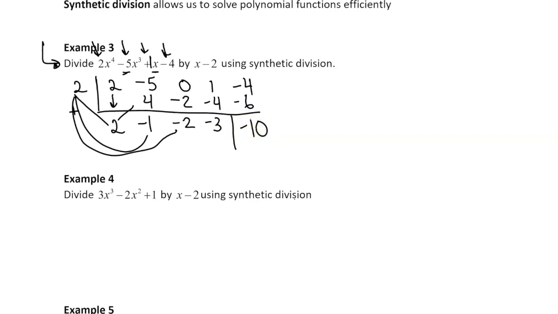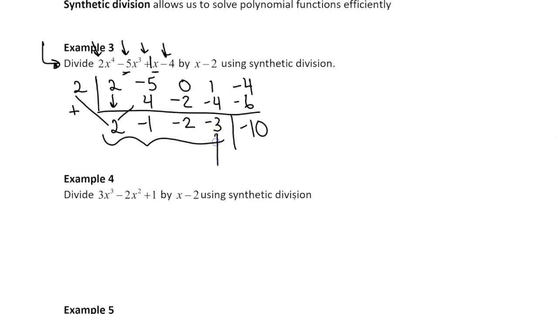Okay, so if we have something like this, what are we left with? It's kind of a strange looking solution. But what we have right here are the coefficients to our quotient.